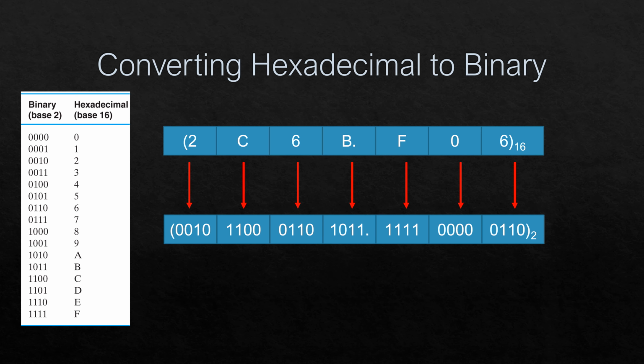Converting hexadecimal to binary requires substituting each hexadecimal digit with 4 binary vectors.